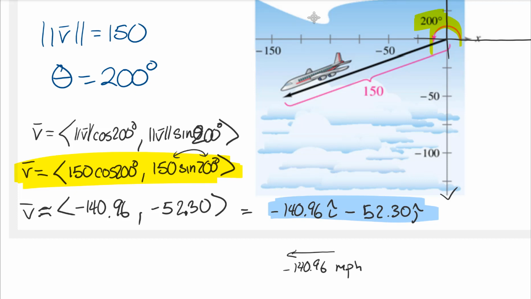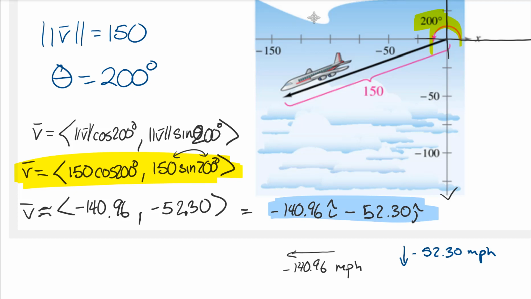You lost a little bit of the speed because it's actually going toward going down. But also as we're descending, we're losing value too. So we're going at 52.30 miles per hour down, or we're going to call it negative. So it's negative 52.30 miles per hour.